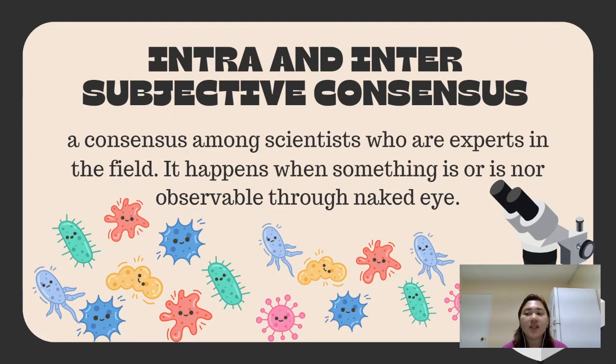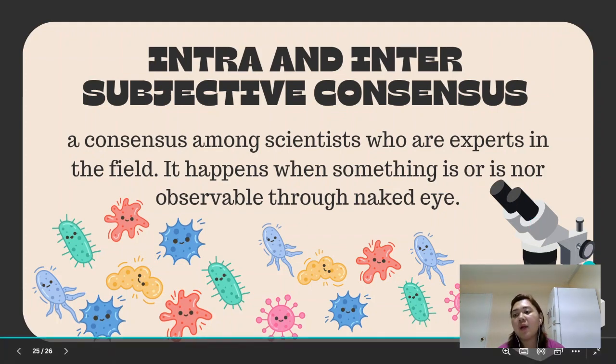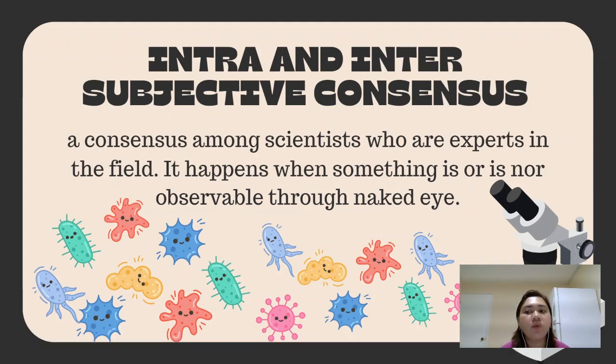If members of an extension are not directly observable through the unaided senses, like the naked eye, or the sense of smell or hearing, but through the use of sensory expanding apparatus, like a simple light microscope for observing microbes or a radio telescope for observing a black hole, the belief that microbes or black holes exist is established through the intra and intersubjective consensus of the community of scientists who are experts in the field.